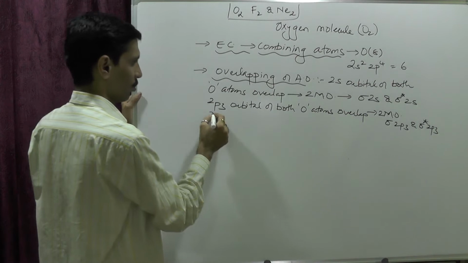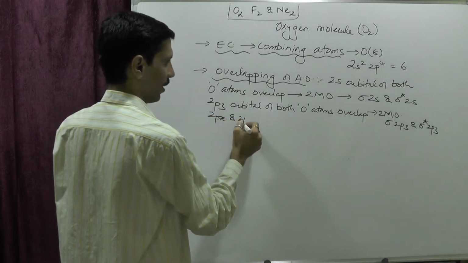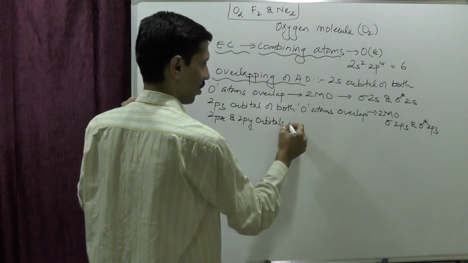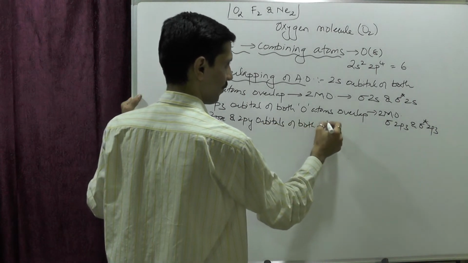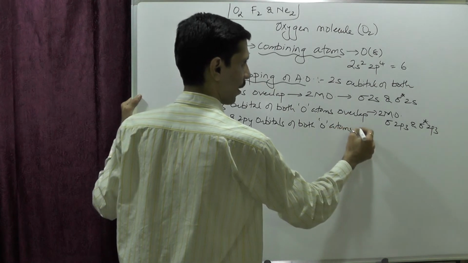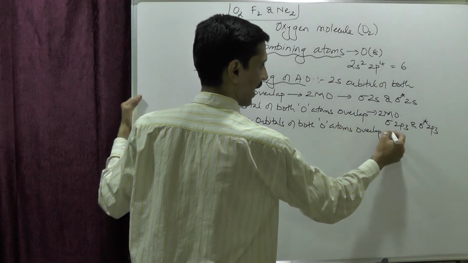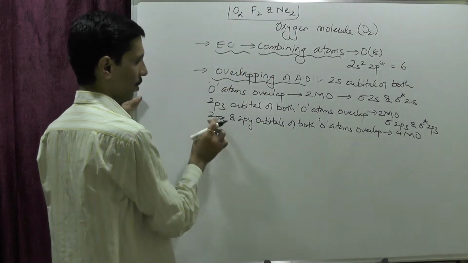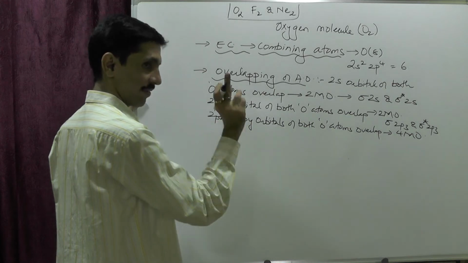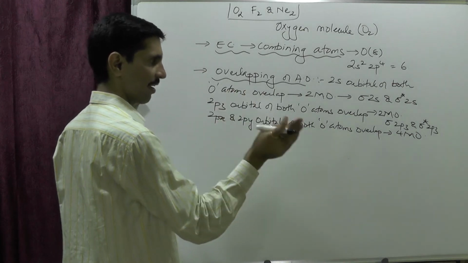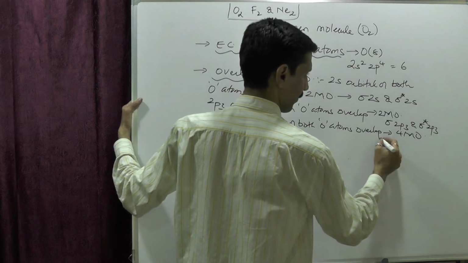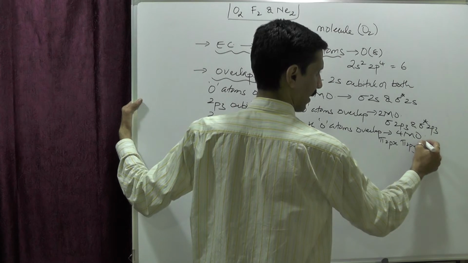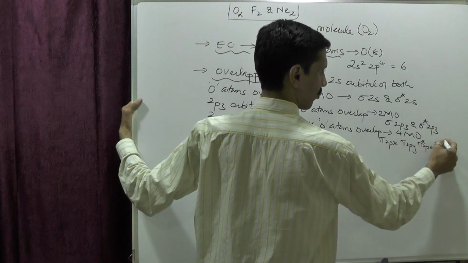So what you have to say is 2px and 2py orbitals of both oxygen atoms overlap, and that will result in 4 molecular orbitals. How did 4 come? 2px and 2py, these are two orbitals of one oxygen, so for two oxygens how many will it be? 4. Okay, and how will we write them? Pi 2px, pi 2py, pi star 2px and pi star 2py.